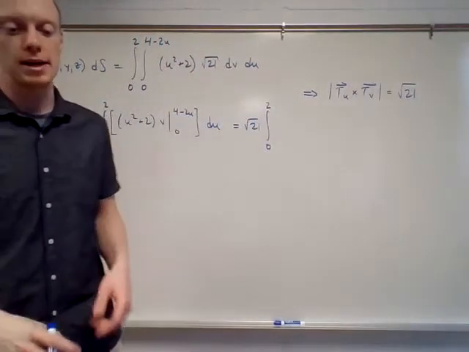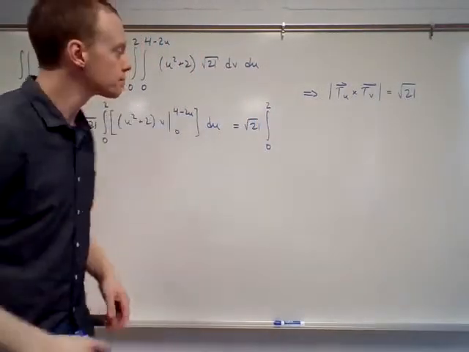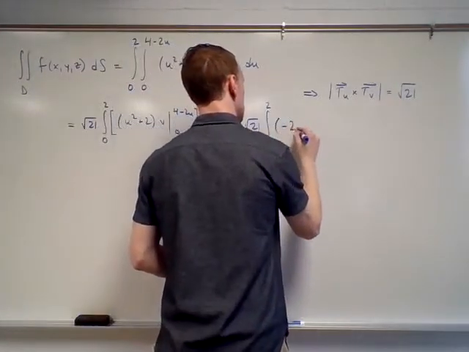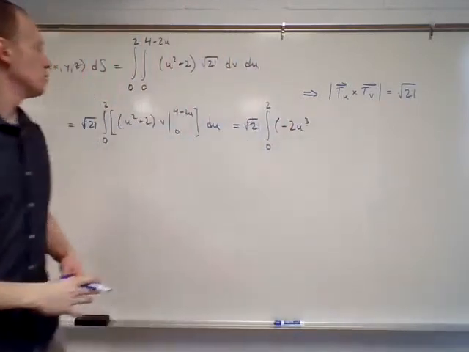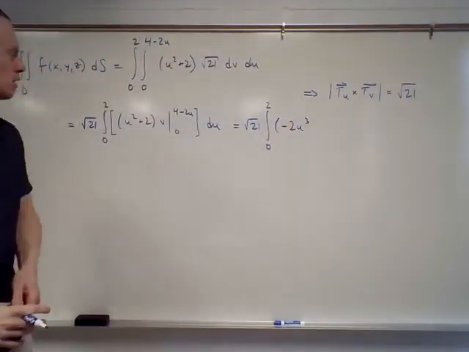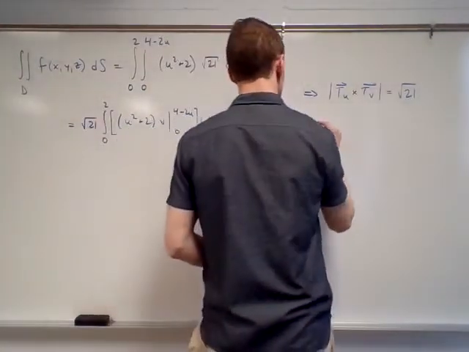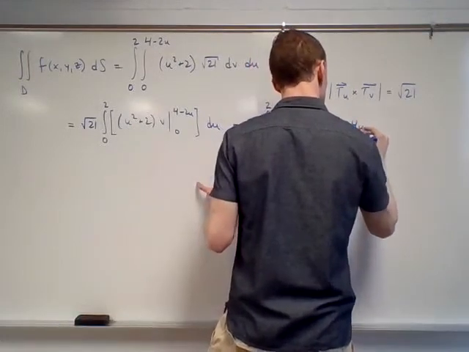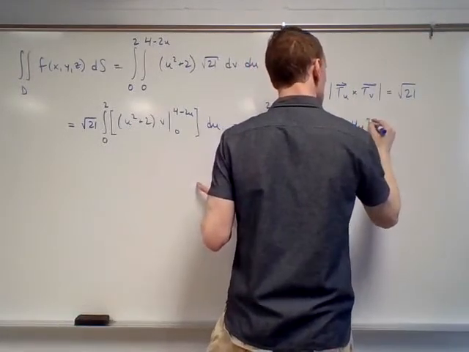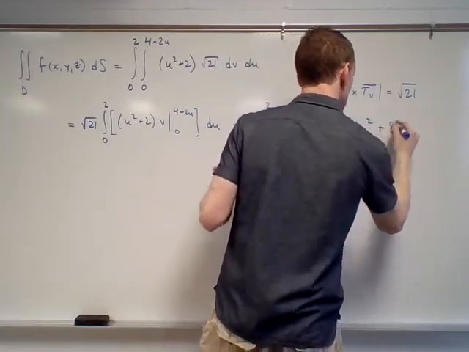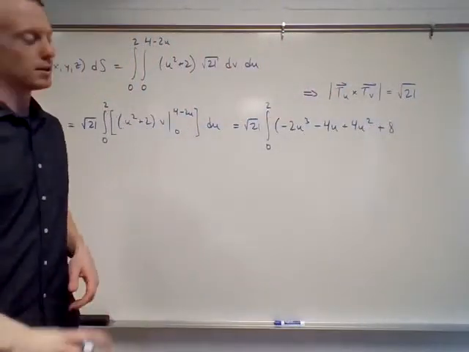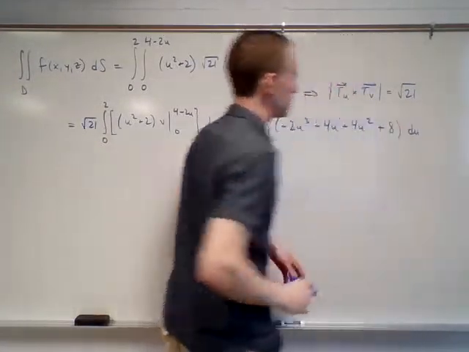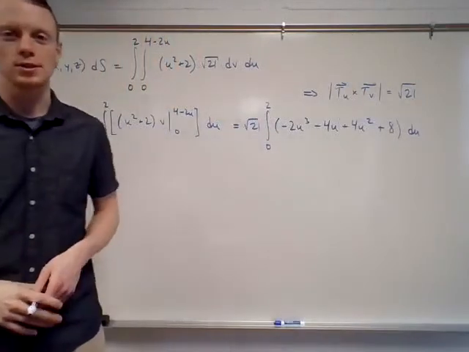And when we do make this substitution, we are going to come up with, in the end, negative 2u cubed minus 4u plus 4u squared and plus 8.